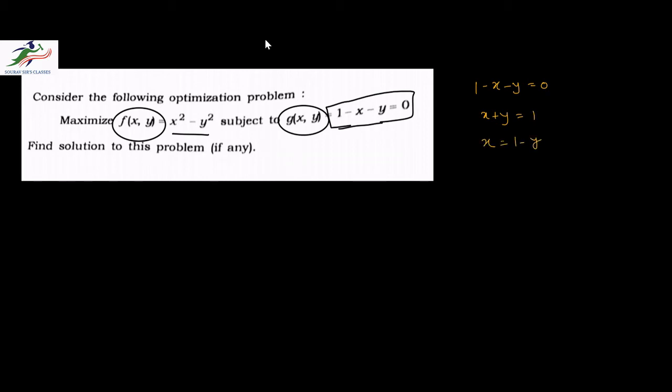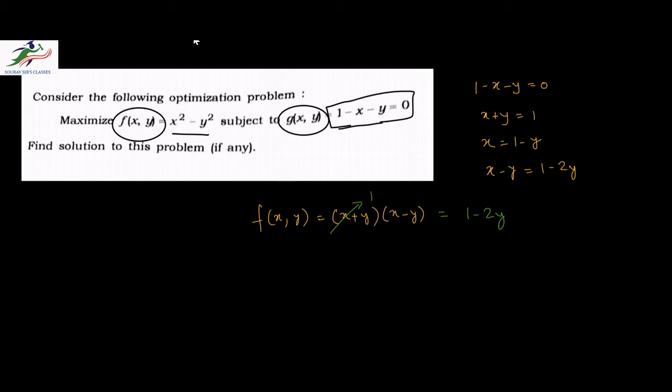Therefore x is 1 minus y, so x minus y would be 1 minus 2y. Now f(x,y) can be written as x plus y into x minus y, where x plus y is 1 and x minus y becomes 1 minus 2y.